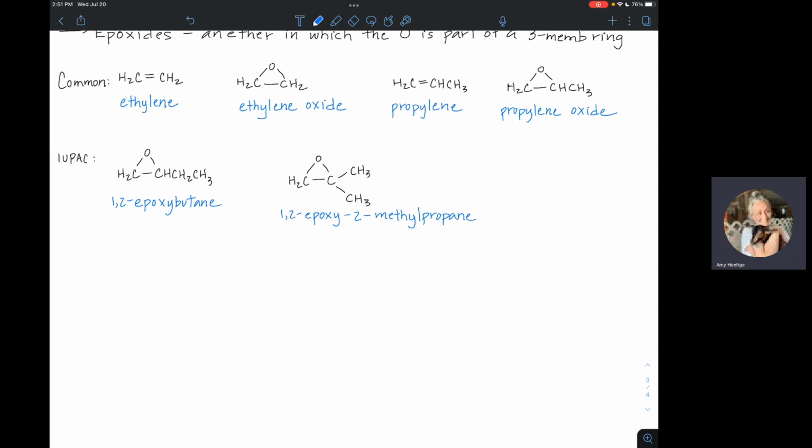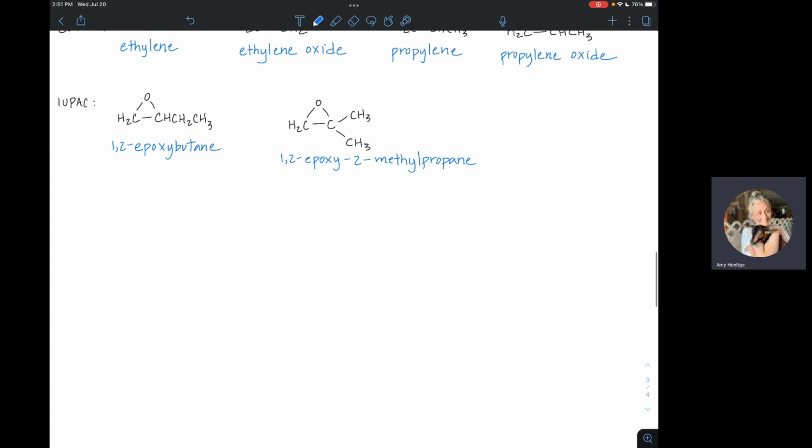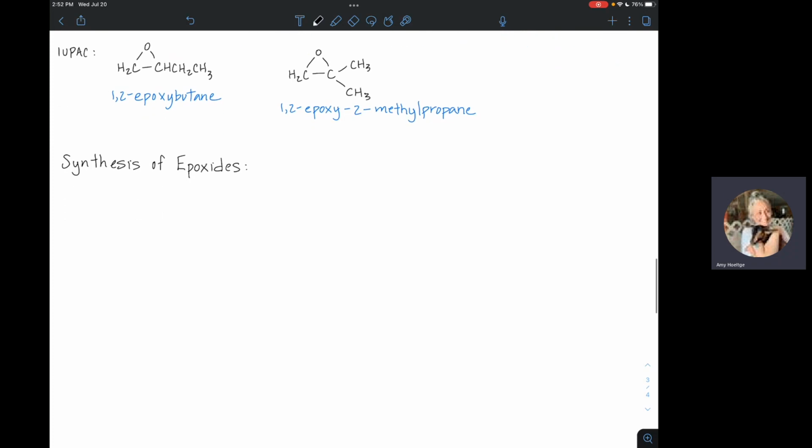So we can make these epoxides, again, out of an alkene and a peroxy acid. So what you'll do is you'll take a peroxy acid, and a peroxy acid, by the way, is a carboxylic acid, I'll just use R, where you've got 3 oxygens, 2 of them are connected to each other.